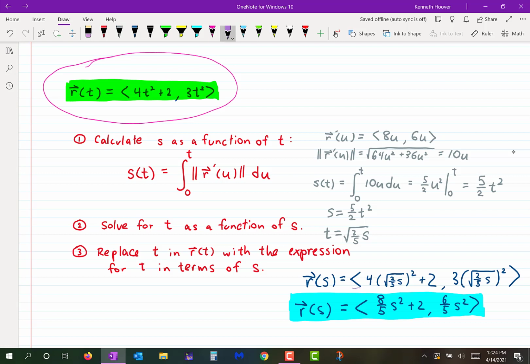And this one is broken up by arc length, and you can calculate any location along the graph based upon how far you've traveled. Not how much time you've traveled, but how far you've traveled. Okay? From wherever your starting point is. And that's very useful if you think about it.